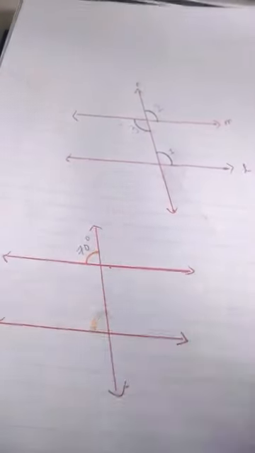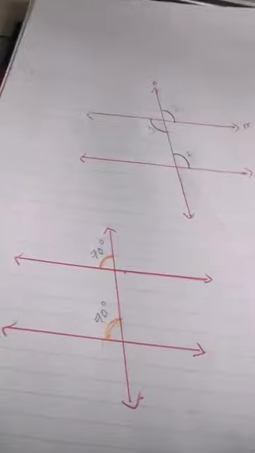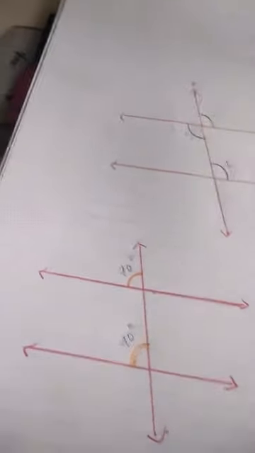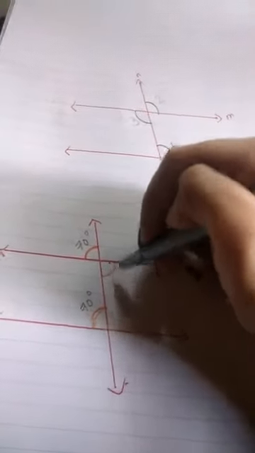One is in and one is out. So those two are equal, which means this is also 70 degrees. Right, now we found two angles. We also know that the alternate interior angle is also equal, so that's also 70 degrees. We found this.